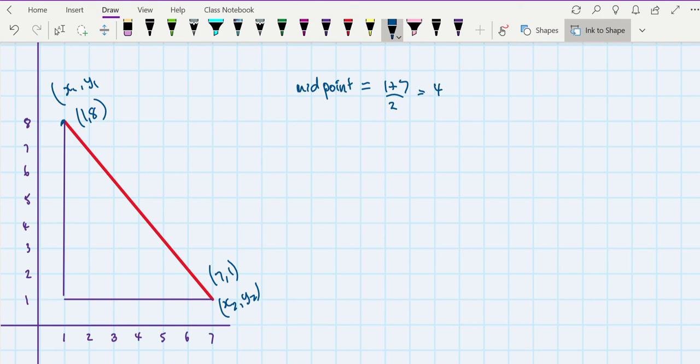And then our next one is our y coordinates, 8 plus 1 over 2. That's 4.5. So our midpoint equals 4, 4.5. If I were to do this on the graph, x value of 4, y value of 4.5, and then I would just see where they hit the line. So that is our midpoint.